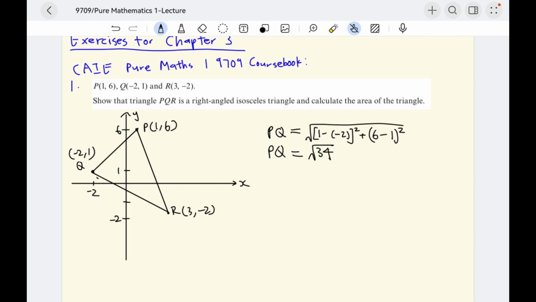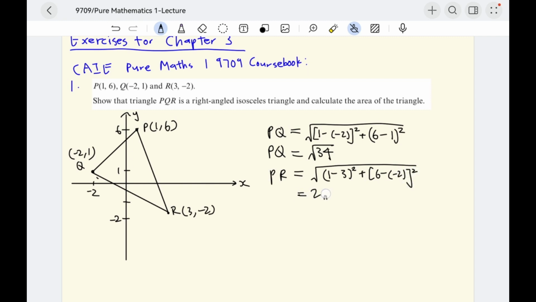Let's take a look at PR. What is PR? Just use the same procedure, which is the distance formula from the Pythagoras theorem. So you have (1 minus 3) squared plus (6 minus -2) squared.